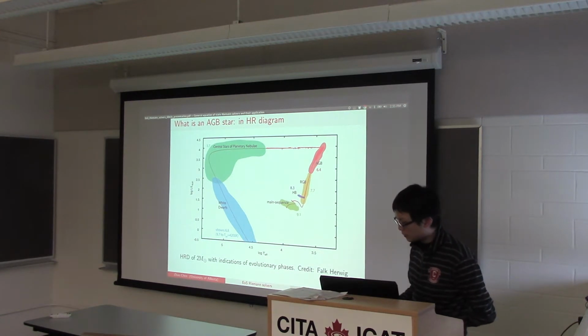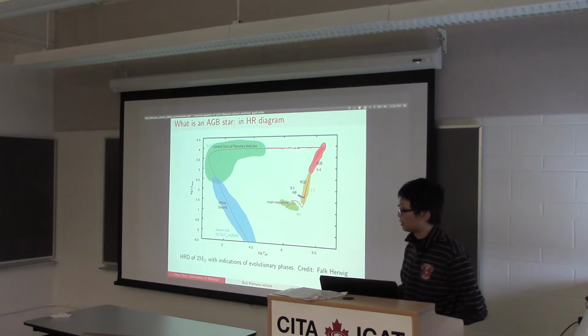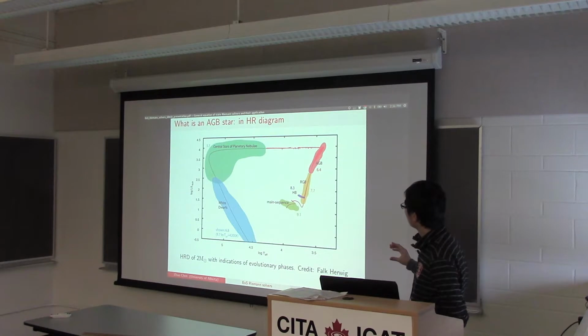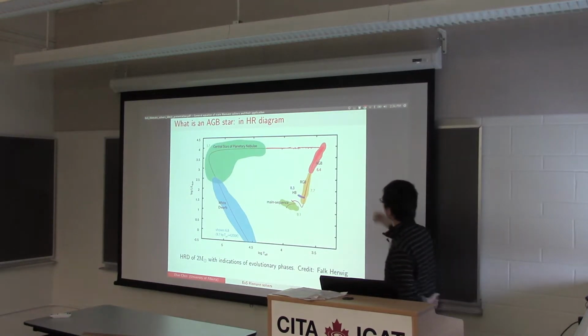Well, I'm going to apply this equation-of-state Riemann solver to a giant star, an AGB, asymptotic giant branch star. An asymptotic giant branch star can be illustrated in an HR diagram with this.